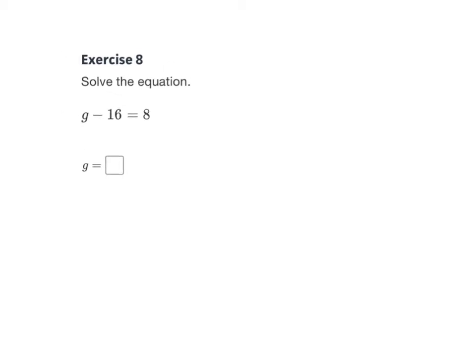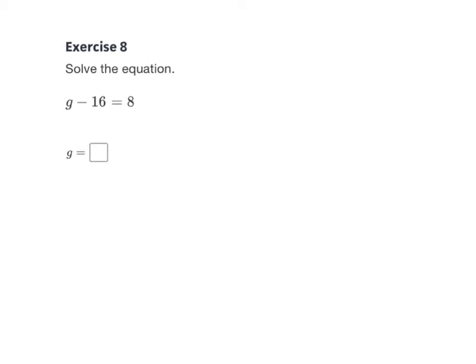Exercise 8, I've got G minus 16 is equal to 8. My terms are G, negative 16, and a positive 8. To isolate G, to get G by itself, I have to get rid of this negative 16.